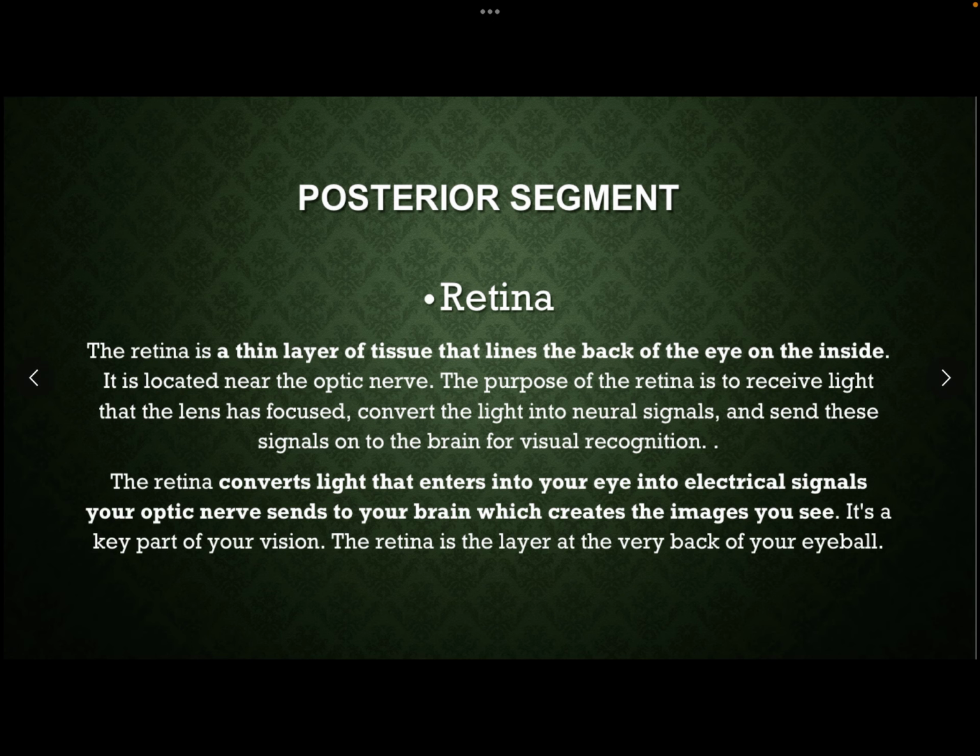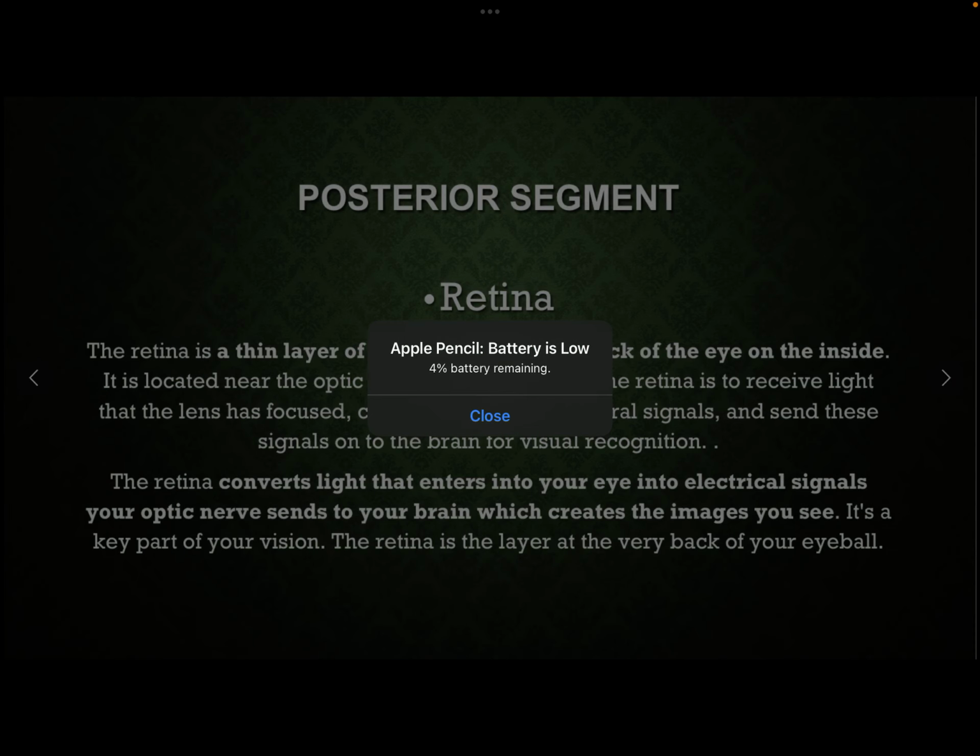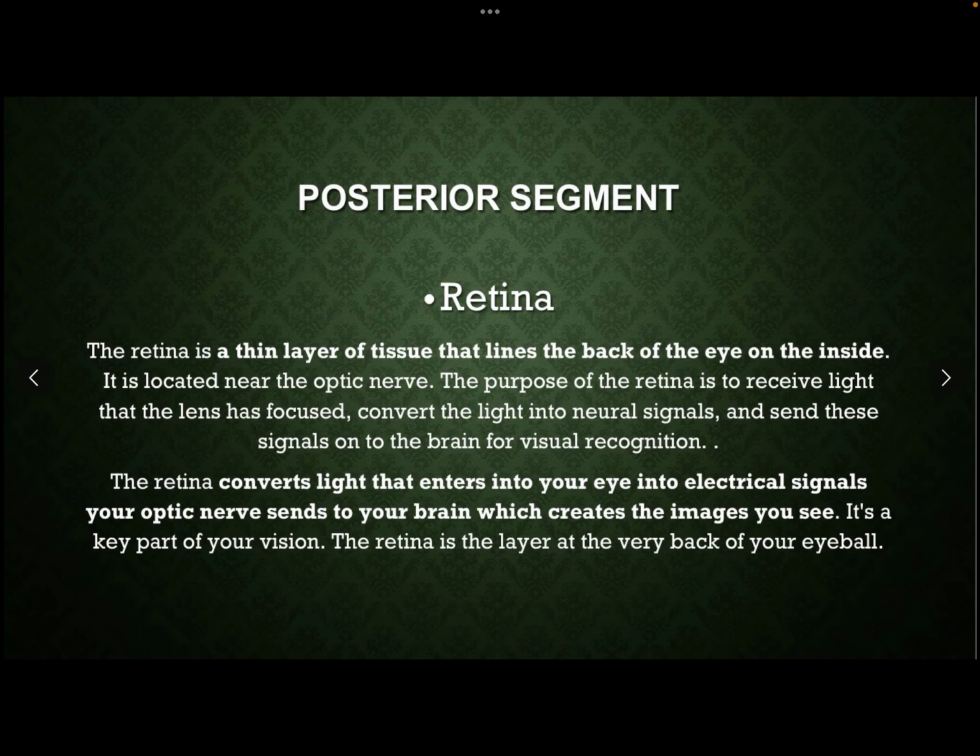So here's the retina. The retina is the thin layer of tissue that lies at the back of the eye on the inside. It is located near the optic nerve. The purpose of the retina is to receive the light that the lens has focused, convert the light into neural signals, and send these signals to the brain for visual recognition.